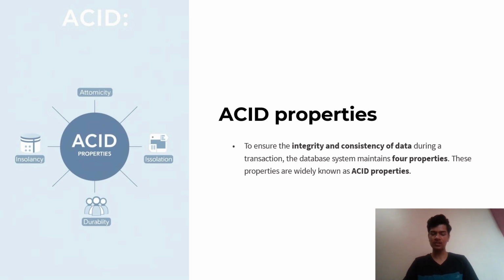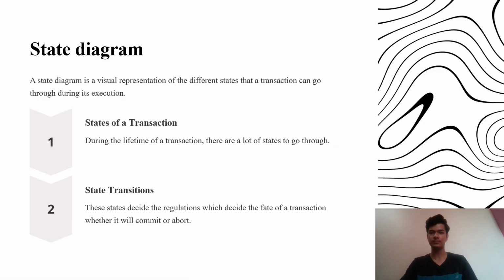Second is isolation, that all the transactions are independent of each other. Third is durability, in which the transactions are fail safe. And the final one is consistency, that the state of the database is consistent before and after the transaction.